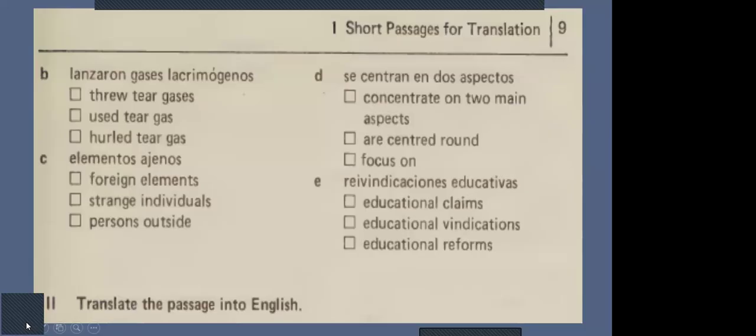For that one, the choice is not there, but instead of claims, I will use demands. For me, demands sounds more natural, educational demands instead of claims. I don't know, that's my idea. Yeah, if we think in terms of "reivindicaciones", generally we associate it with an economic factor, right?